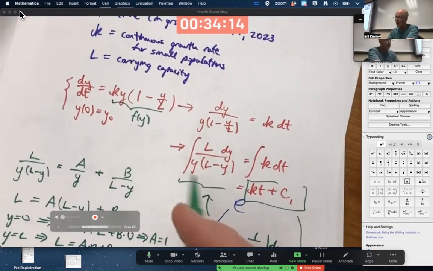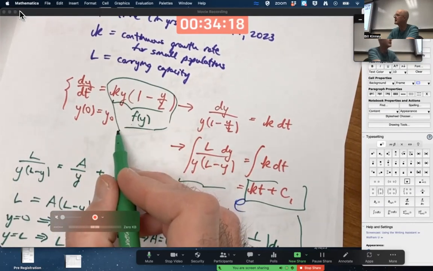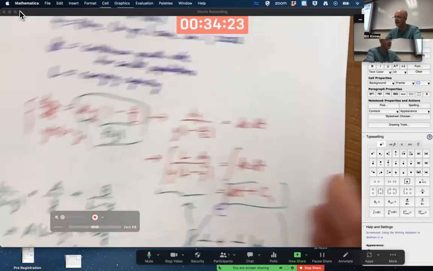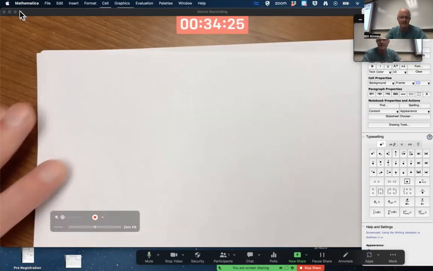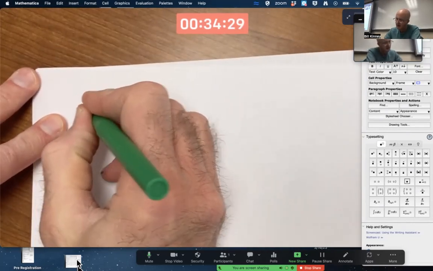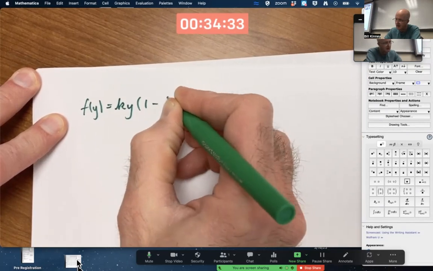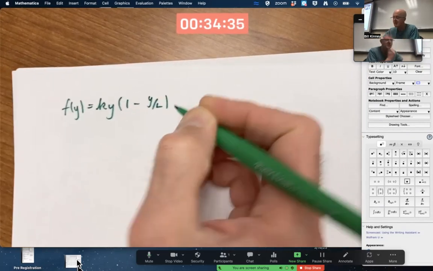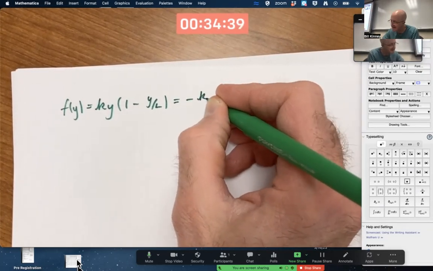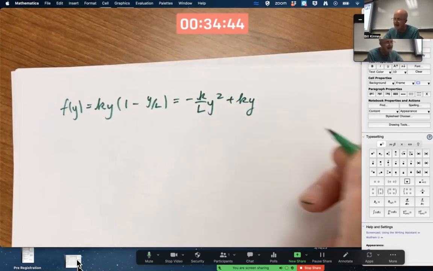And in fact, if you graph this function f of y here, it's helpful for thinking about the slope field. That's a quadratic function of y. F of y is ky times 1 minus y over L. If you expand it out and rearrange, you'll get negative k over L y squared plus ky.